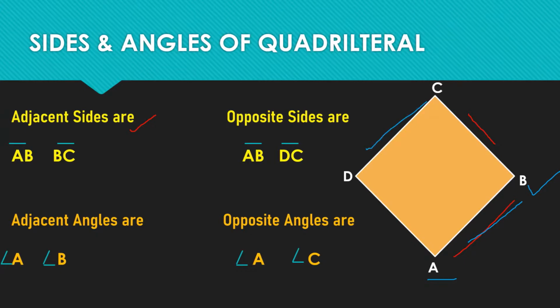Another pair of opposite sides you can find is AD and BC. And our opposite angles are angle A and angle C. You can also find opposite angles are angle B and angle D.